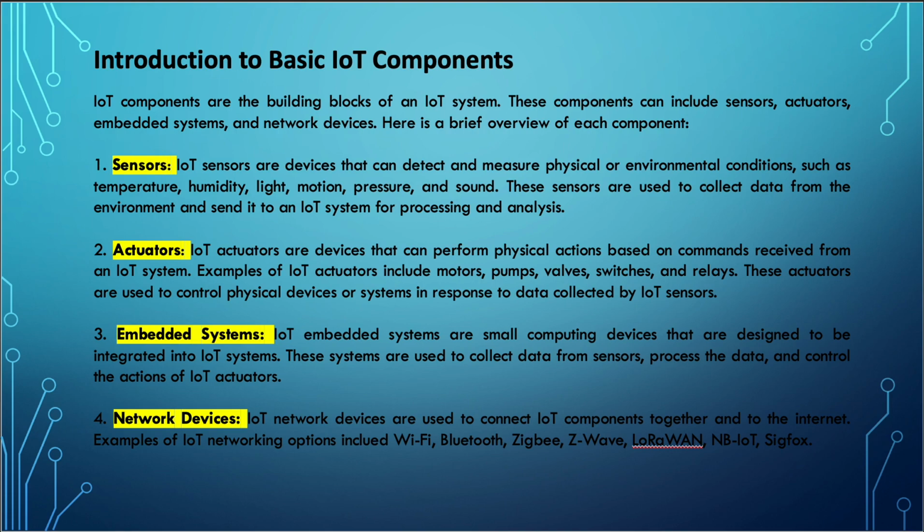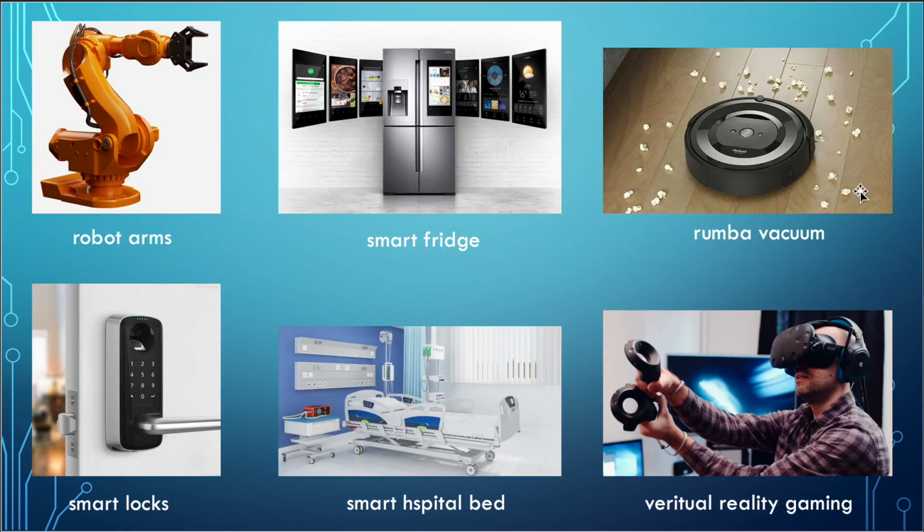Let's look at a quick example from above, right. We will take the Roomba vacuum. This will have a proximity sensor, right. We will talk about different proximity sensors in the next part of the lecture, but for now let's say this has a proximity sensor. It will detect when it's moving forward.